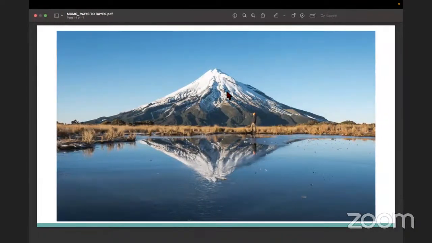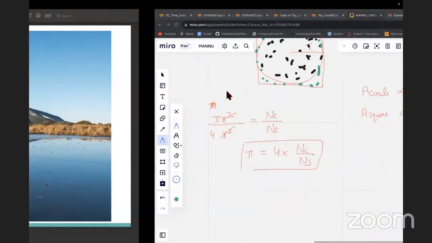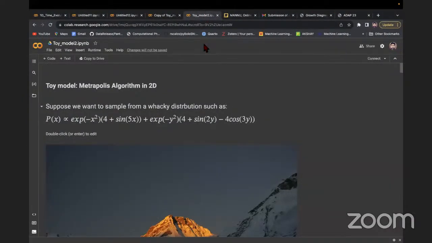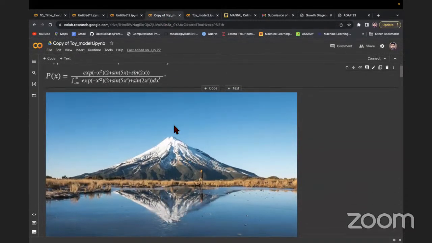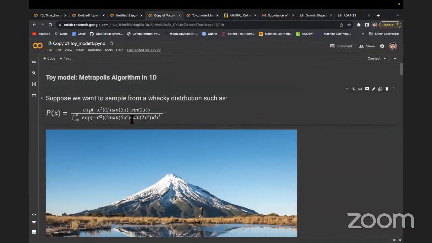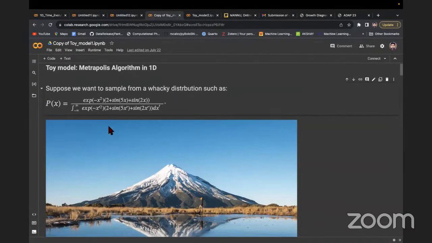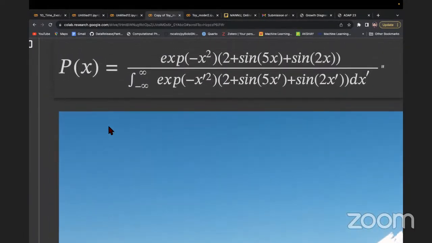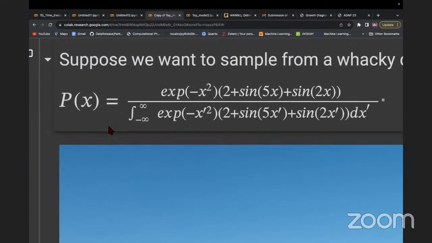I diverted the whole discussion from this point to defining the Monte Carlo. Now what I want to do, is it visible? This distribution. I have told you that my aim is to define a likelihood or a distribution and then find out the maxima.